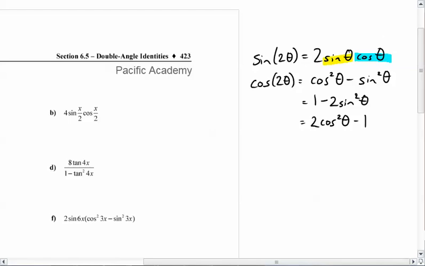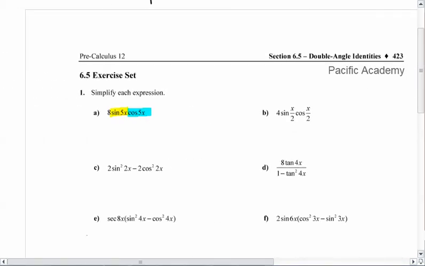The only trouble is that we don't have a 2 at the front. So if we can, we're going to make this equation look like it has a 2 in the front. So instead of having the number 8, I'm going to write that as 4 times 2. And then I've got sine 5x, cosine 5x. Now just like we saw in the notes today, when you have sine 2x, you can't just factor out the 2.